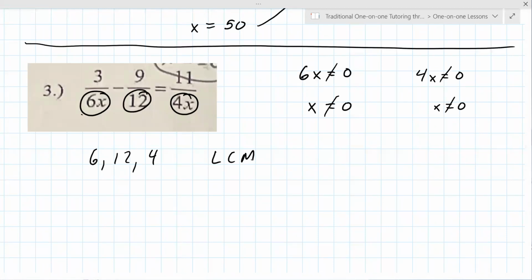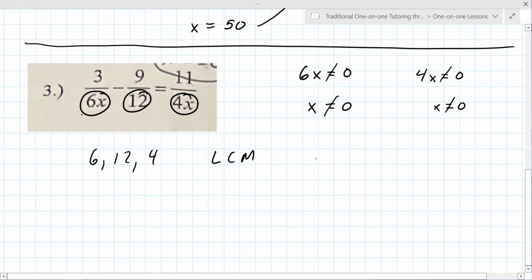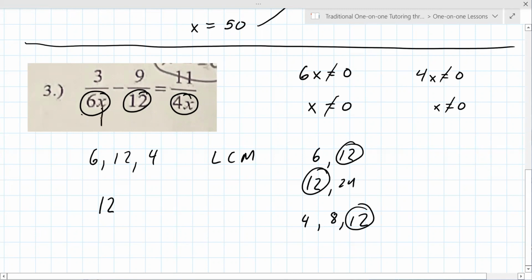Okay, so 4 is the smallest, but here's what we're really doing. Let me show you this. You keep going until you find a common one, and you're like, oh, it's 12. Yeah. Okay, 12. So the common denominator here of this thing is 12, but then you got to look at the x.